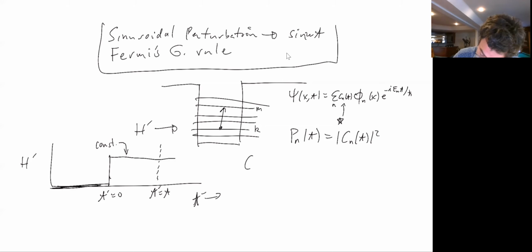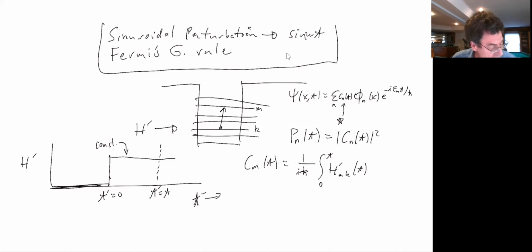We calculated that Cm of t, the amplitude to be in the m state at time t, is 1 over i h bar, integral from 0 to t of the perturbation, which is a function of time, e to the negative i, Ek minus Em, t prime over h bar, dt prime. Okay, we just have to do that integral.